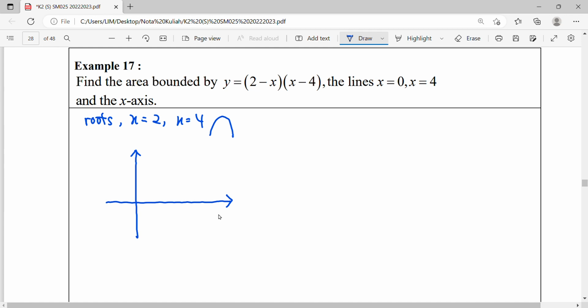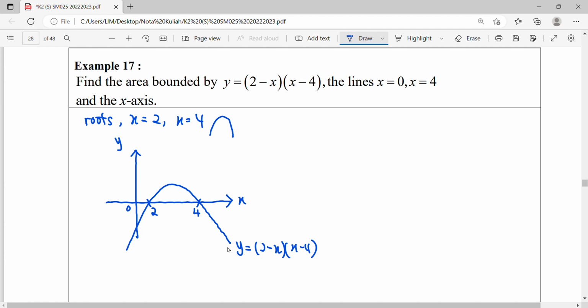So draw your quadratic, concave downward, with root at 2 and root at 4. This is our equation y. Label the x-axis and y-axis. So we have one curve here.